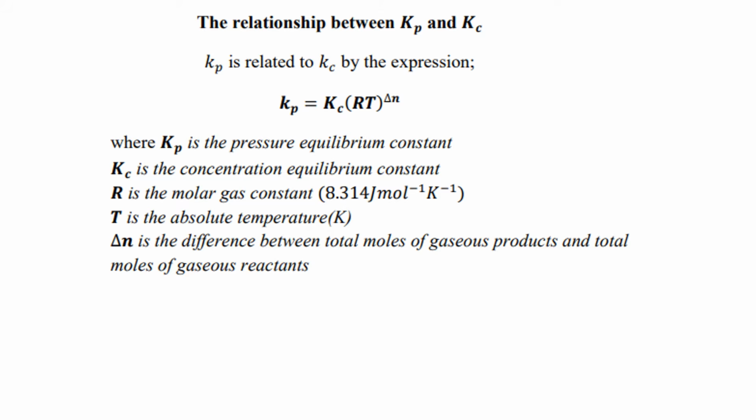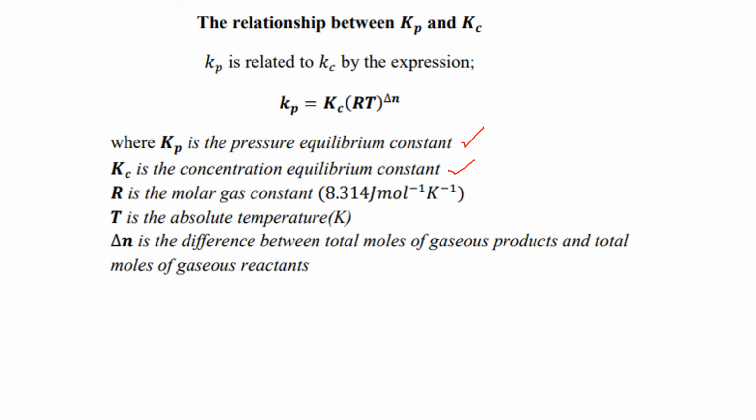The partial pressure equilibrium constant is related to the concentration equilibrium constant by the following expression. Kp is equal to Kc multiplied by the bracket of R, the molar gas constant, multiplied by temperature T, raised to the power delta N. Delta N is the change in the number of moles between the products and the reactants, as the key provided. Under the key, Kp refers to your pressure equilibrium constant, and Kc is your concentration equilibrium constant.